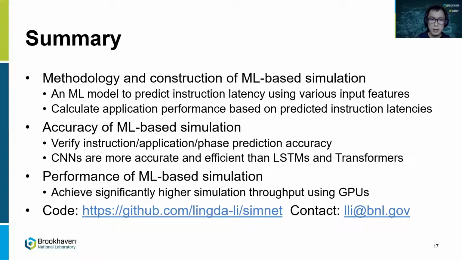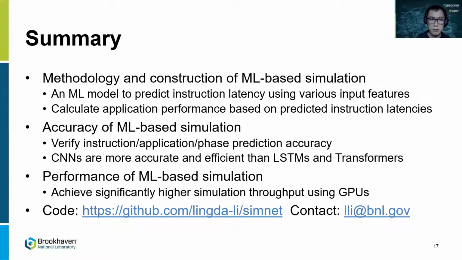Then we can calculate the application performance using all predicted instruction latencies. We evaluate the accuracy of SimNet through instruction prediction accuracy, application prediction accuracy, and application execution phases. We can see that SimNet achieves excellent simulation accuracy in all three cases.